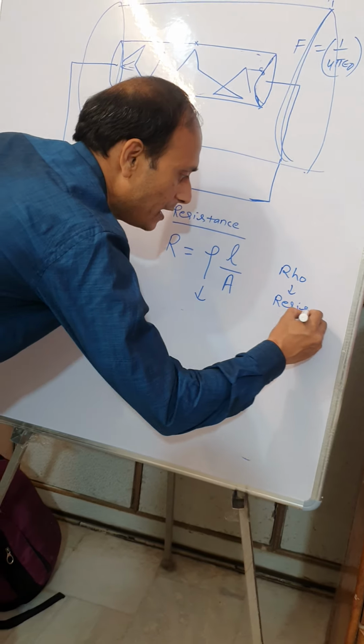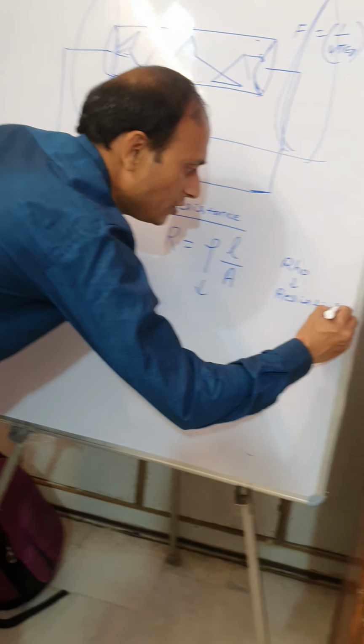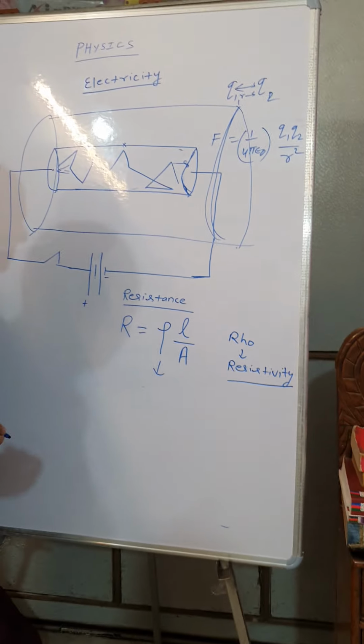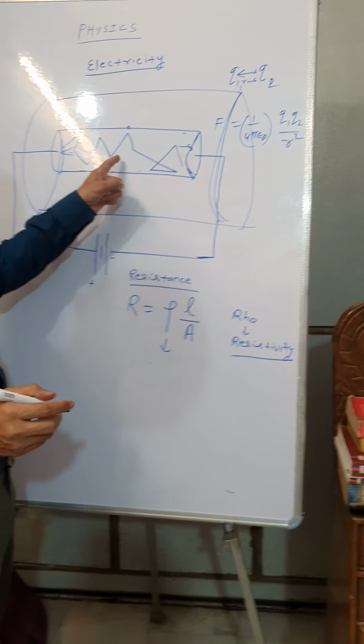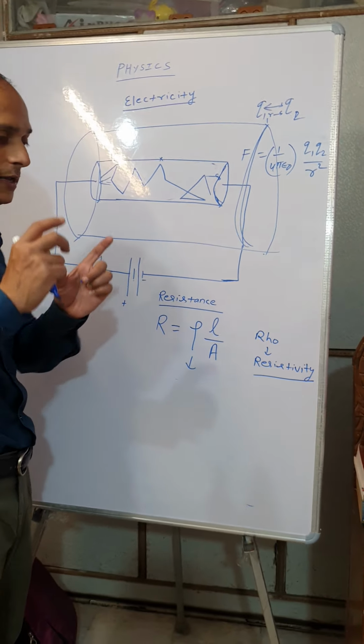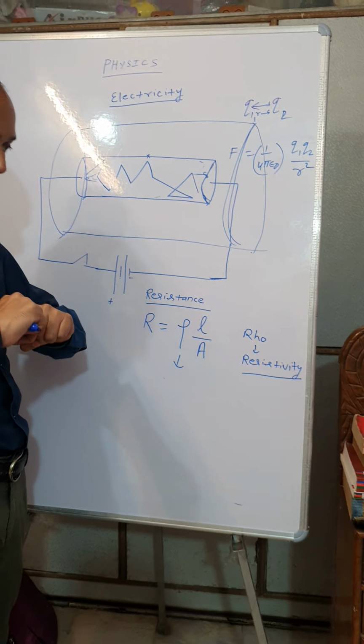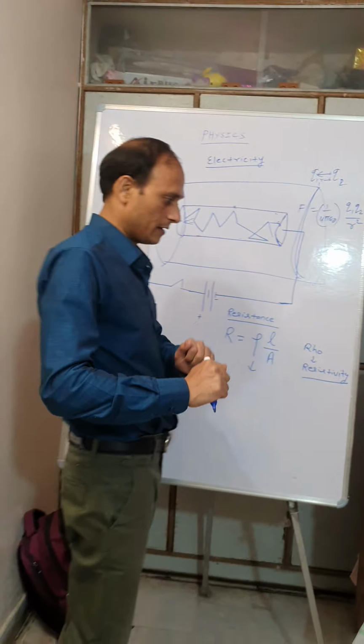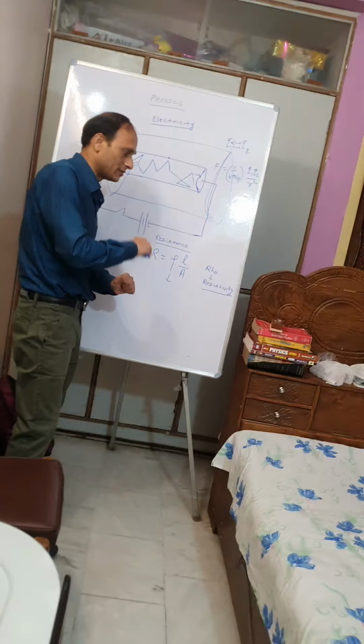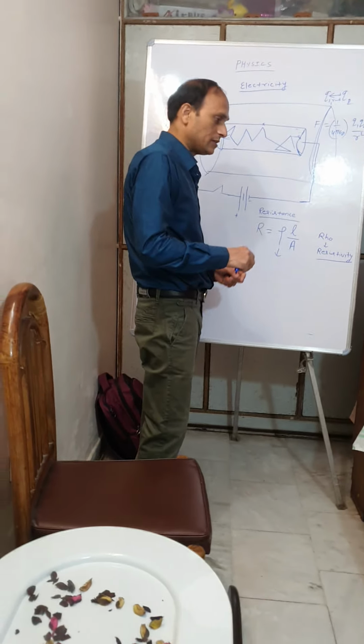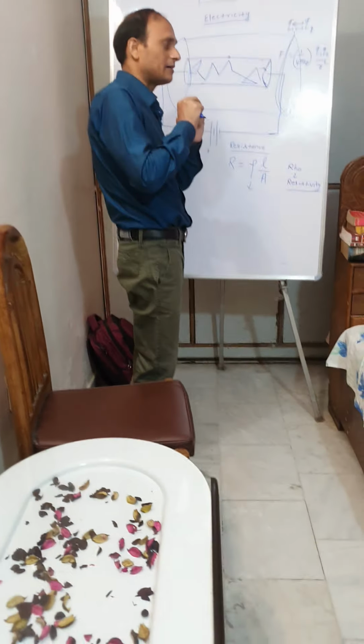It has been named the resistivity of the conductor. What is this resistivity? This is an internal characteristic of the conductor. How many positive lattices are there? How heavy are they? How many free electrons are there inside it? What is the general character of that conductor?